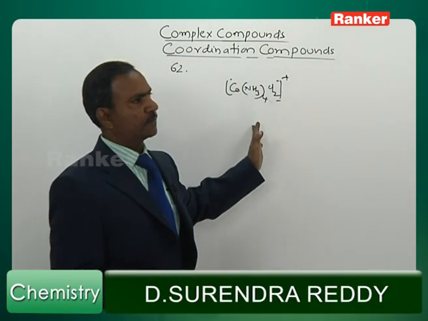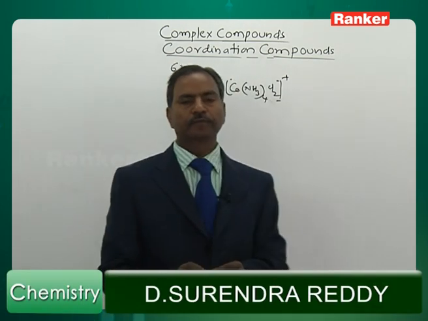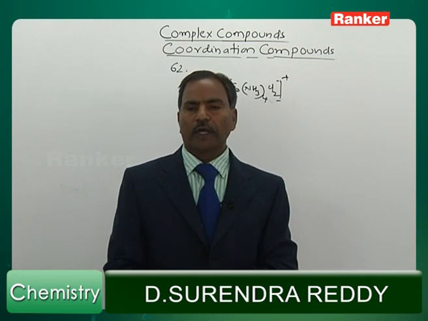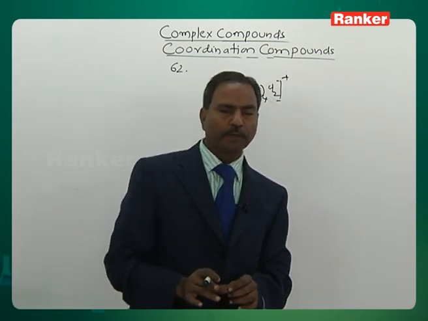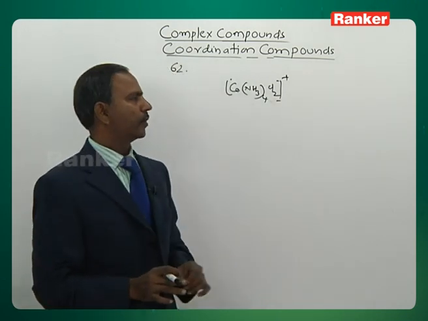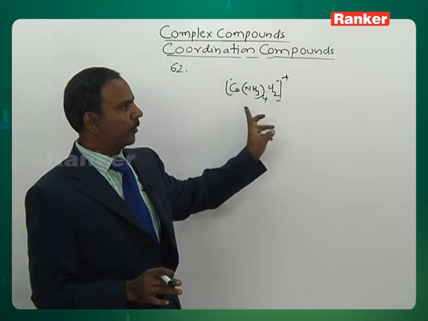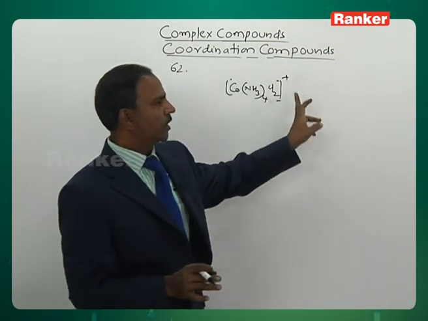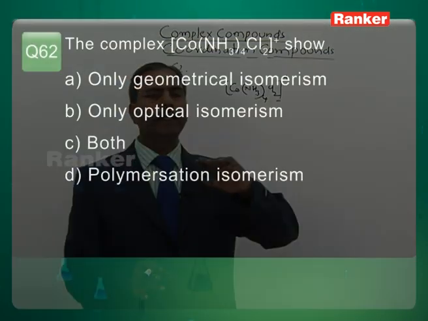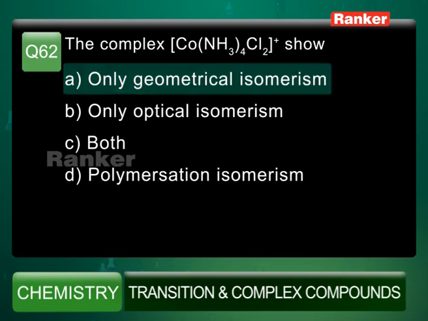This particular complex Ma4b2 can exhibit only geometrical isomerism. We can write cis and trans for that, but no other isomerism is possible. Therefore, the answer is A.